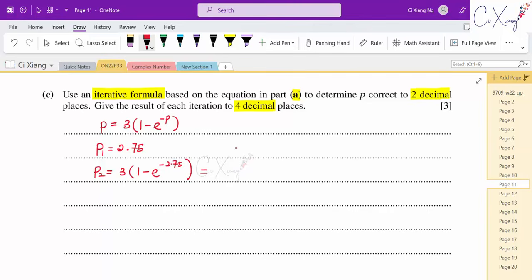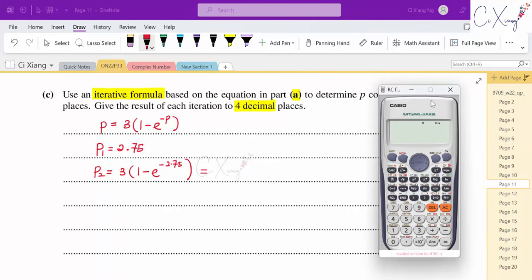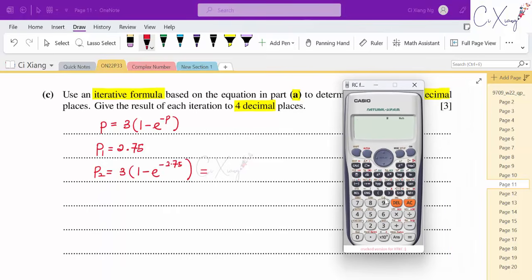My iteration here should be written correct to 4 decimal places. We can use the calculator to help us by keying in the formula. So I have 3 with bracket, then 1 minus e, then power negative p, so I put it as power negative x, and then close bracket.